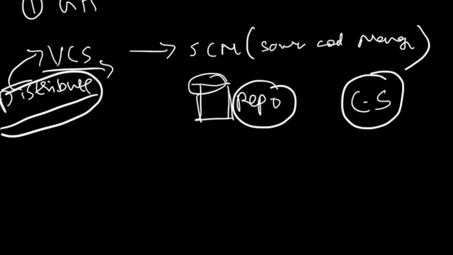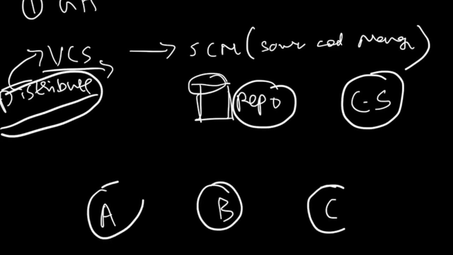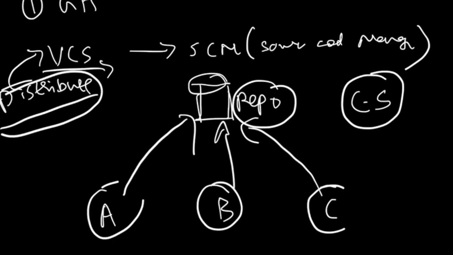Client server, what happens in client server? If 3 people are contributing A, B, C, these 3 people always need to be online to be able to do any file changes.